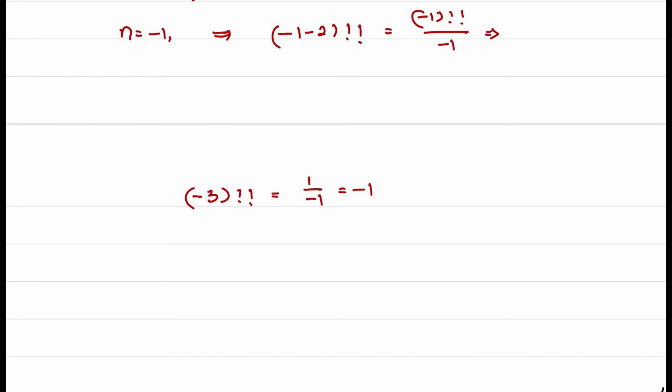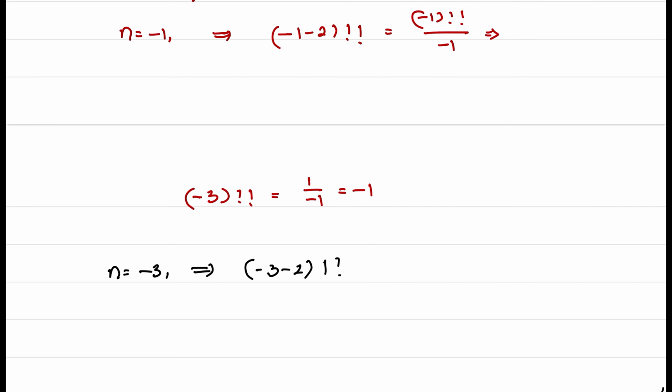Now, let us say n is equal to minus 3. That implies (minus 3 minus 2) double factorial is equal to minus 3 double factorial by minus 3. Minus 3 double factorial is minus 1, so minus 1 by minus 3 is equal to 1 by 3. Minus 5 double factorial.